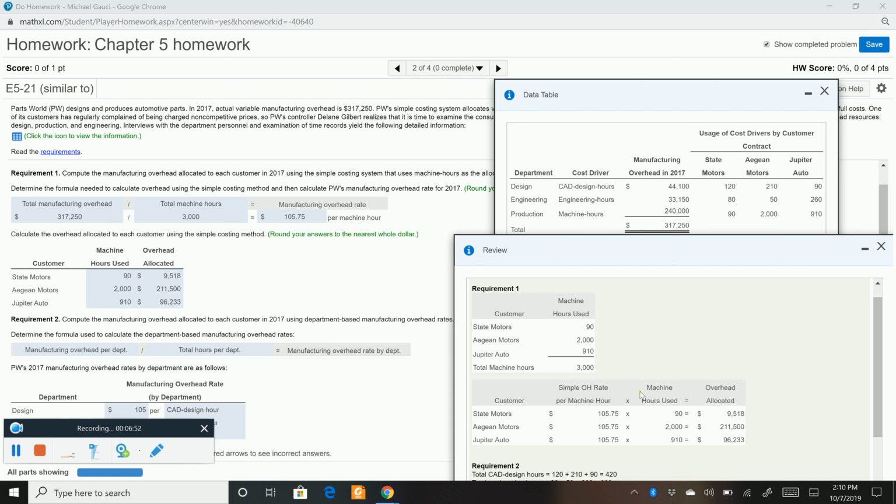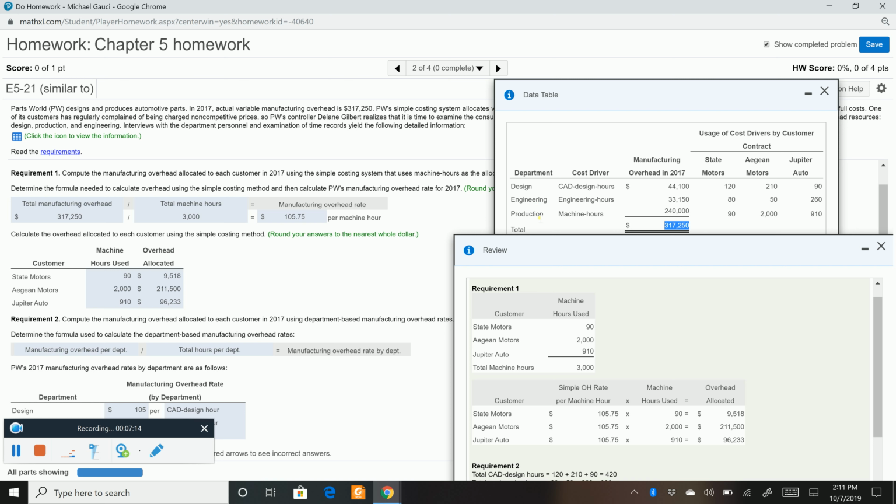They design and produce automotive parts. And in a particular year, their variable overhead totaled $317,250. You can see the data table showing that it is broken down between design costs, engineering costs, and production costs.